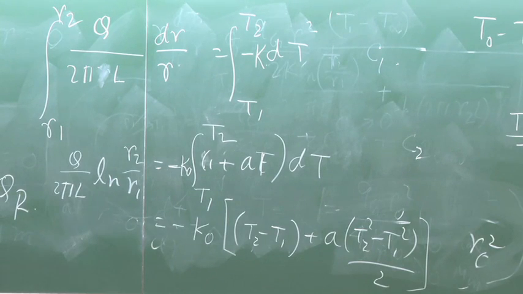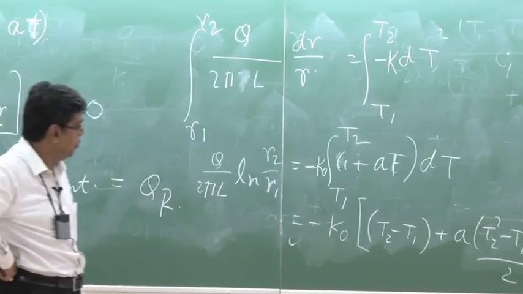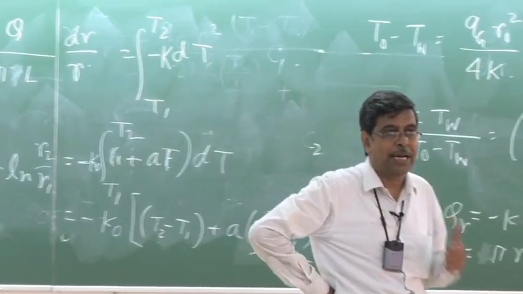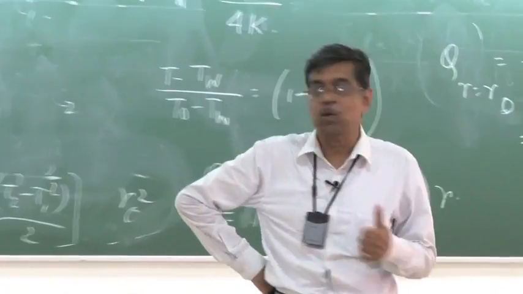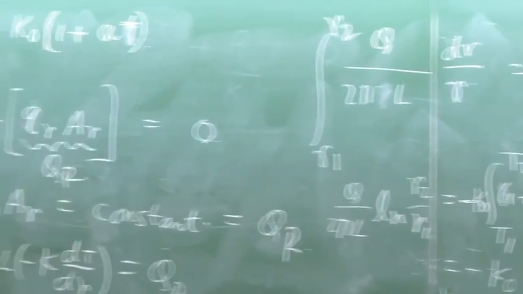So you can find the heat transfer per unit length as a function of T2, T1. But if I define a thermal conductivity at the mean temperature (T1 plus T2) by 2, then what will this thermal conductivity be?